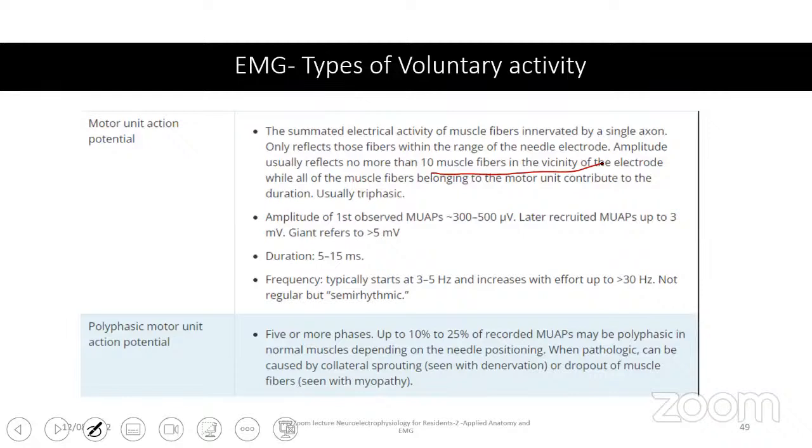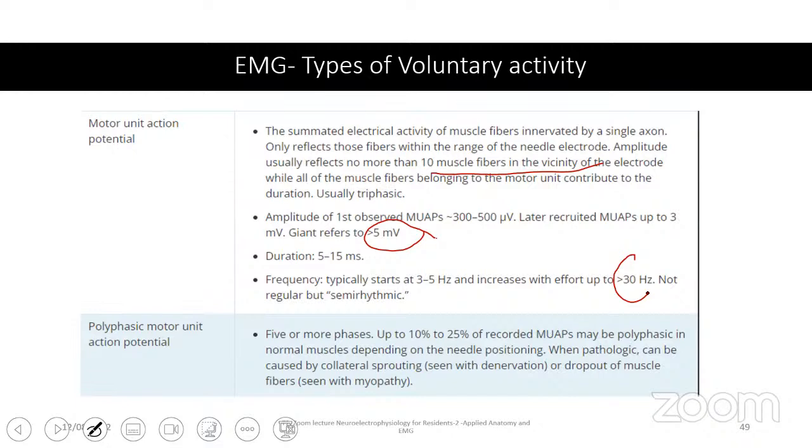The amplitude of first observed MUAPs should be 300 to 500 microvolts. Later recruited MUAPs go up to 3 millivolts, and those more than 5 millivolts are giant MUAPs. Duration is normally 5 to 15 milliseconds. Firing typically starts at 3 to 5 hertz and increases with effort up to more than 30 hertz, not regular but semi-rhythmic.